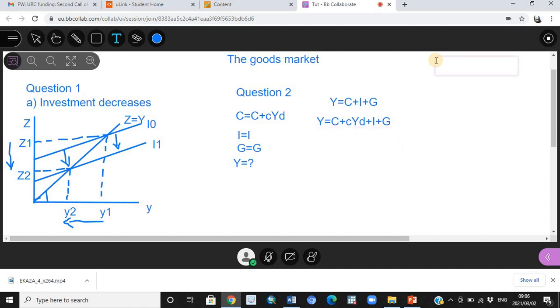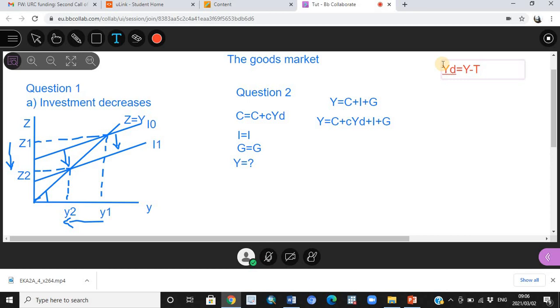I will say YD is equal to Y minus T. Let me even use a different color. YD is equal to Y minus T. But again, we know that T is equal to something.